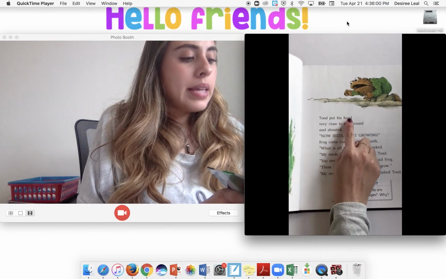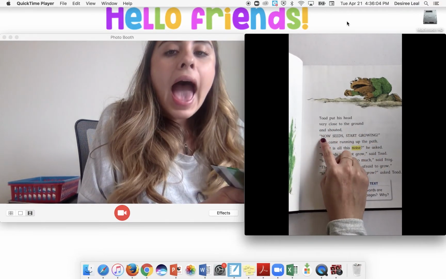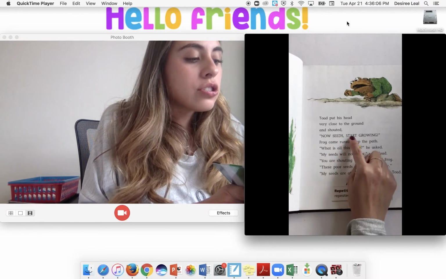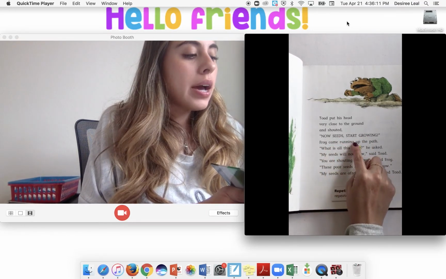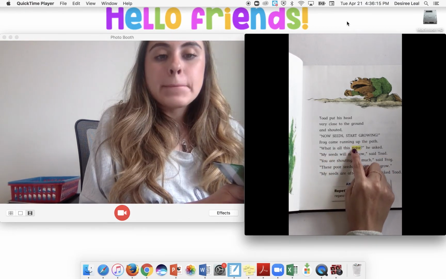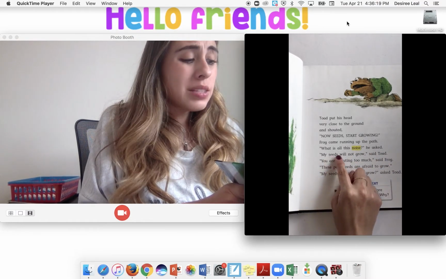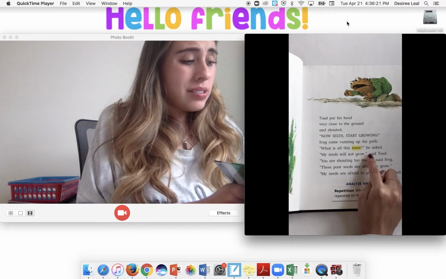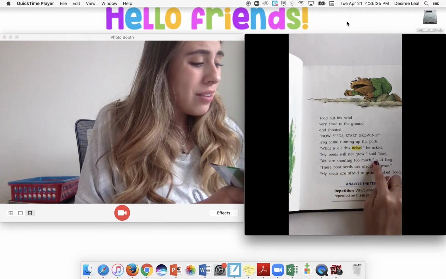Toad put his head very close to the ground and shouted, "Now seeds start growing!" Frog came running up the path. "What's with all this noise?" he asked. "My seeds will not grow," said Toad. "You are shouting too much," said Frog.